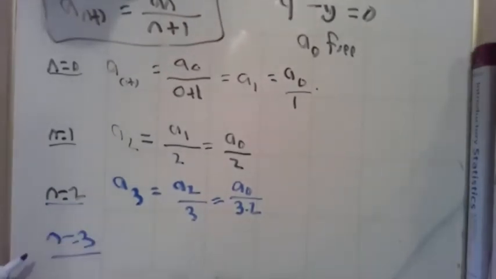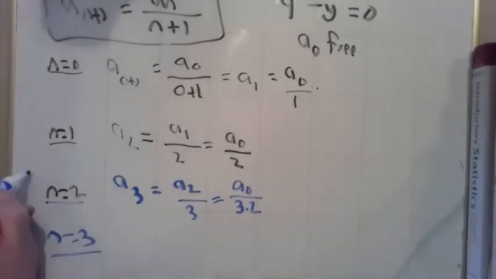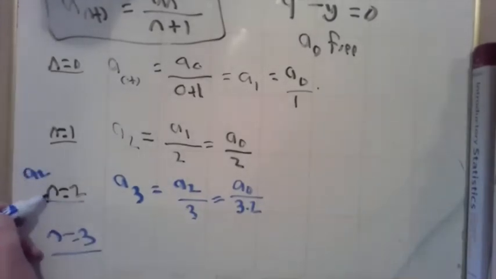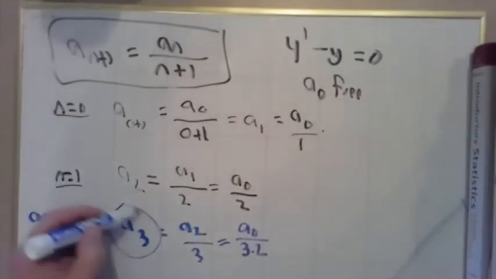Notice, by the way, this used to get me when I used to do this. When I'm doing n equals 2, I'm not finding the second term. I'm not finding A2. I used to get this in my head that I'm finding A2 because I said n equals 2. But no, I'm not. Look, at n equals 2, I found A3.